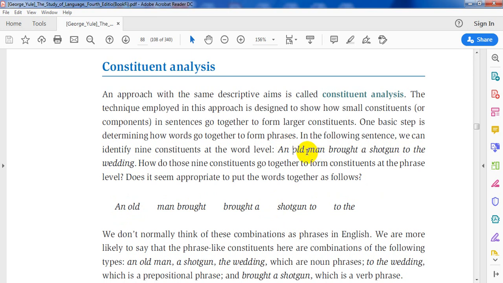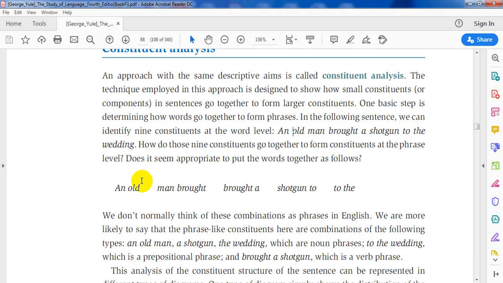How are those constituents grouped together or connected together in a certain way that makes this sentence acceptable in English? So we'll try to look at the constituents or the components of this sentence, how they are connected, so that we could frame a rule that could be followed by the learners of English, including native speakers.